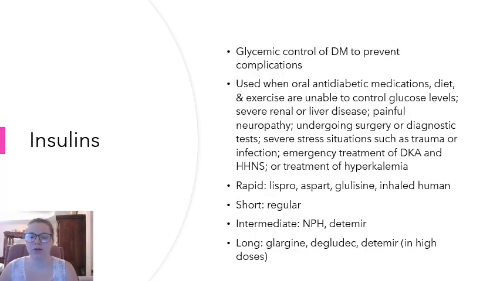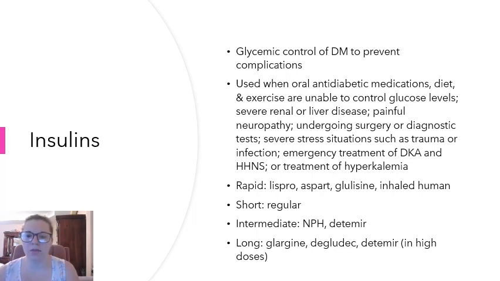All right, so then we move on to insulin. In the event that diet and exercise are not working for the patient, and oral hypoglycemics are not controlling their diabetes, we can resort to insulins to better control their hyperglycemic episodes.